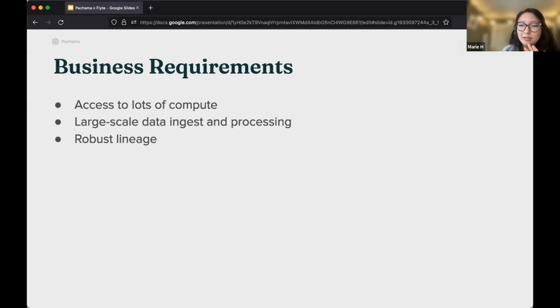Robust lineage is particularly important for us because part of what we're trying to bring is transparency. It's already important for experiment tracking, but in addition, we also need to be conscious about when we might get reviewed by third parties, having all the available data to be able to go back in time and say, this is how we got this number.